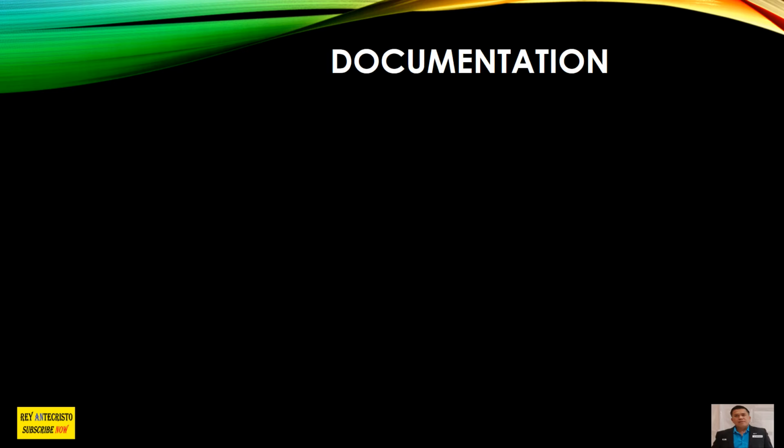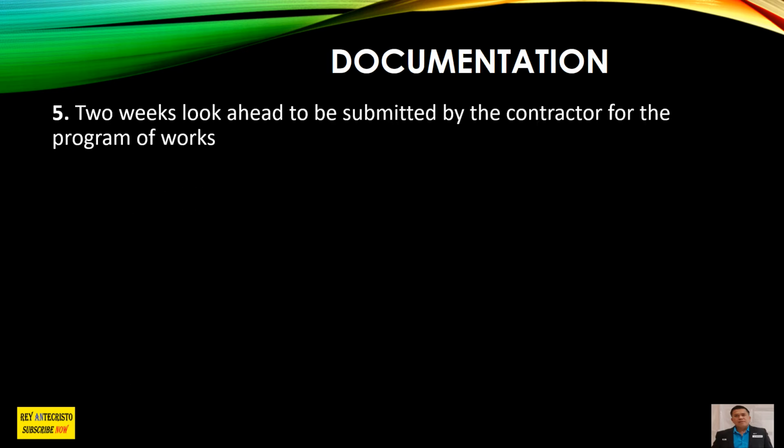Okay, we proceed to number 5. 2 weeks look ahead to be submitted by the contractor for the program of works. Of course, every time there's a meeting, and based on my experience, the planning engineer is the one who prepares this planning, and then they will submit it to you.